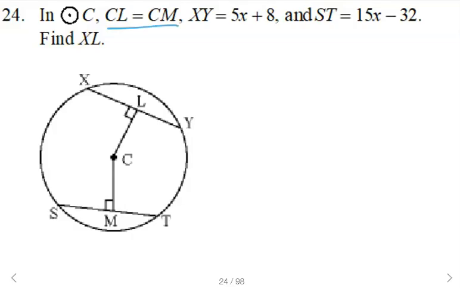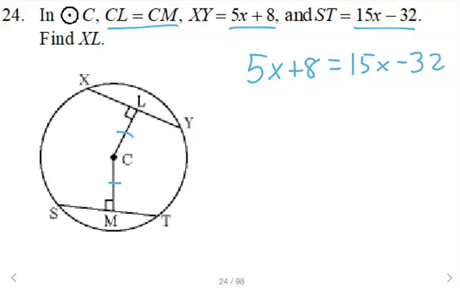All right, they tell us up here that CL and CM are equal, so those segments are congruent. If those segments are congruent, then the chords that go to them are congruent. So we can say 5x plus 8 is equal to 15x minus 32.